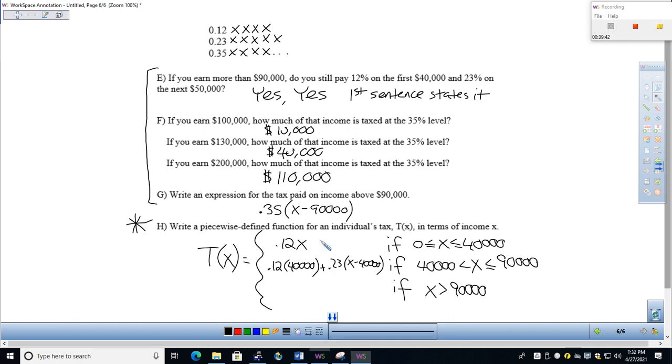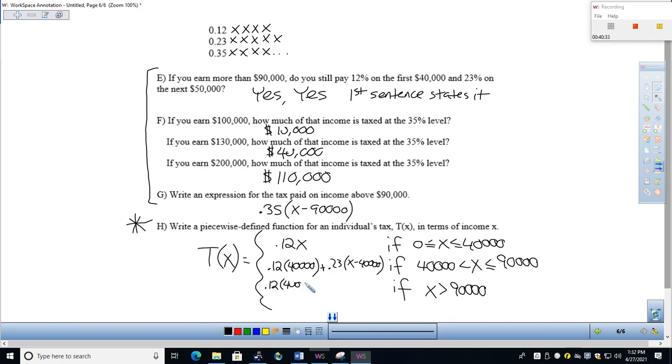And lastly, the hard one. So in order to write this, look at your answers specifically from E and then G. So if we make more than 90 grand, in fact my table is already pretty much set up for it. Look at the way it's lined up, everybody. Do you see that the first 40,000 up is taxed at 12%? There it is definitively in my table.